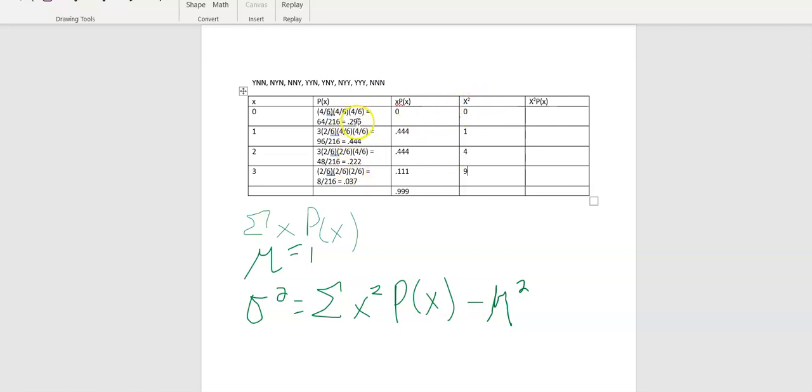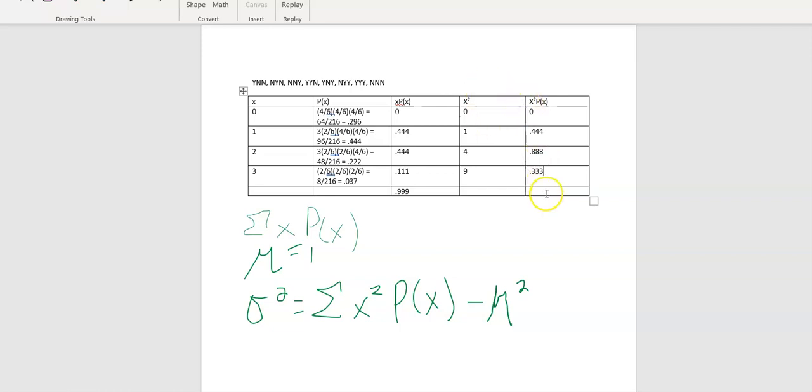So 0 times 0.296 is 0. 1 times 0.444 is 0.444. 4 times 0.222 is 0.888. And then 0.037 times 9 ends up being 0.333.